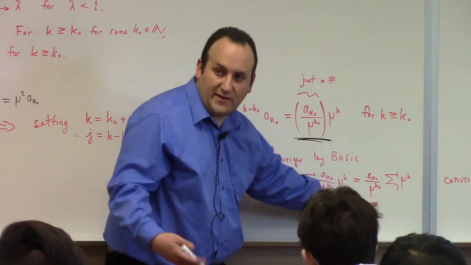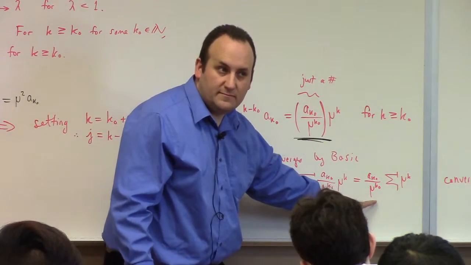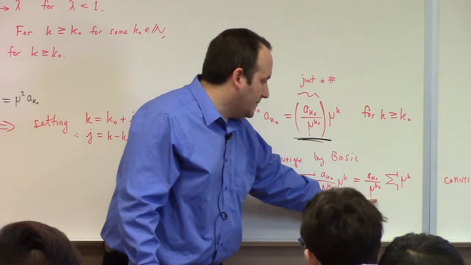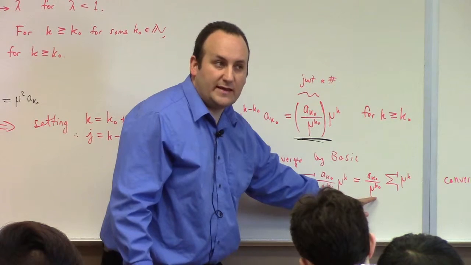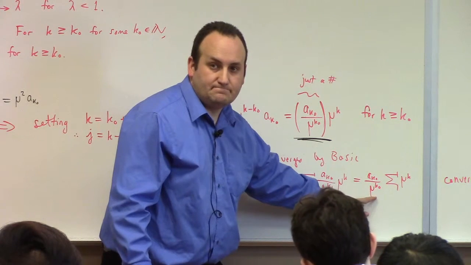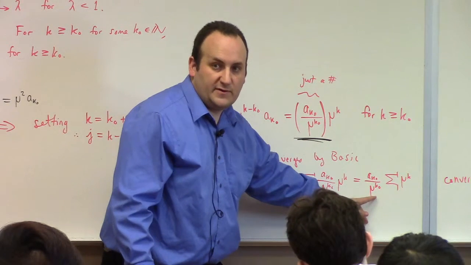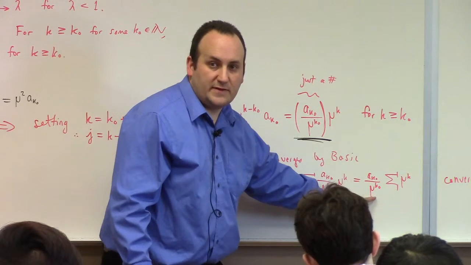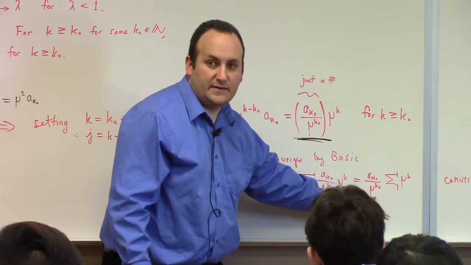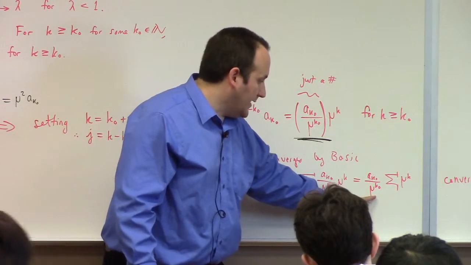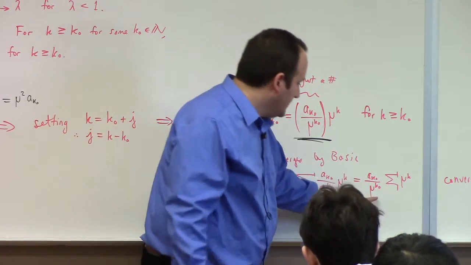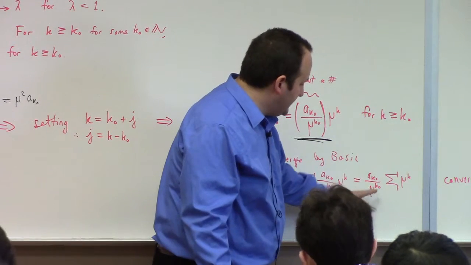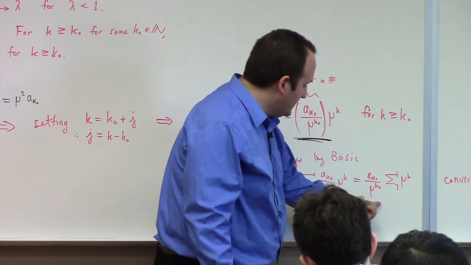It's independent of k. This k naught is just based on the relation of mu and the assumed lambda. There could be a dependence on lambda and mu with the k naught, but not on k. So this is independent of k at least, so that's just a number.